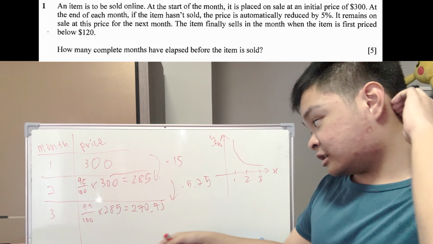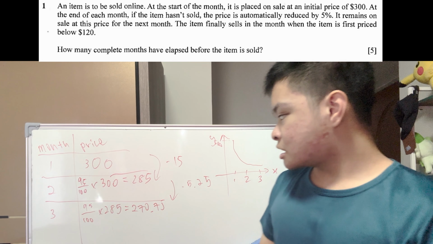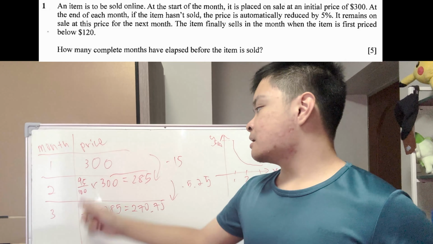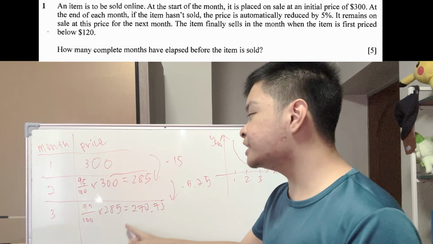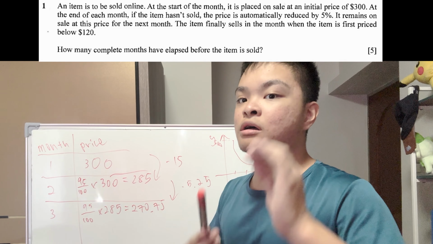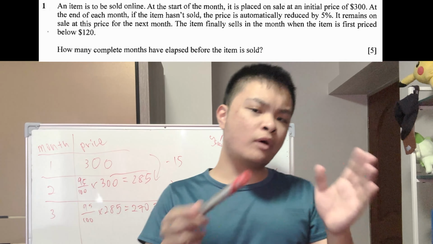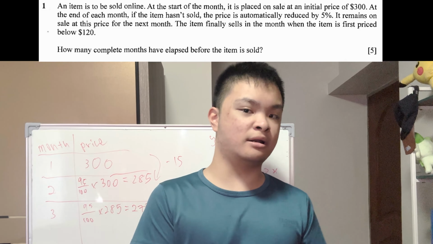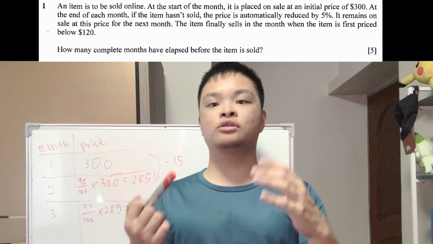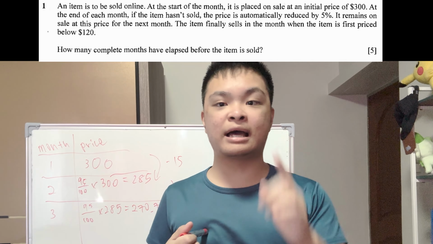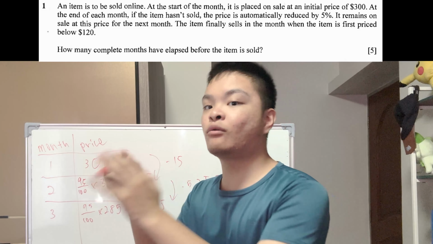The reason why I know this is because, if you notice, we are taking 95% of the previous month's price. The thing is, percentage is based on the value that you're taking the percentage of. 1% of 100 is 1, but 1% of 10,000 is 100. So don't underestimate 1%, because 1% might be a lot. It depends on what you're taking 1% off.